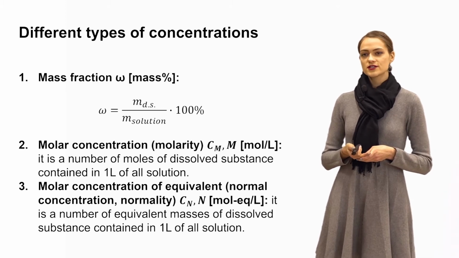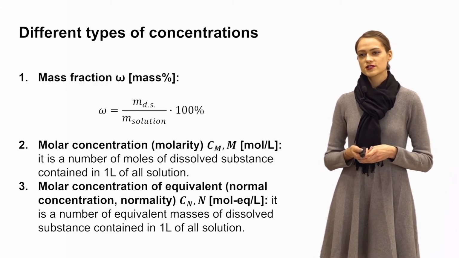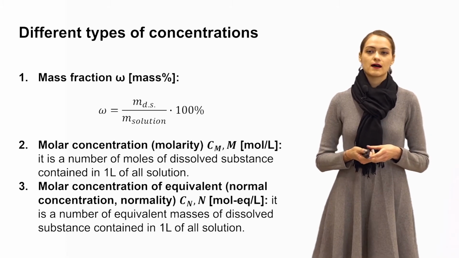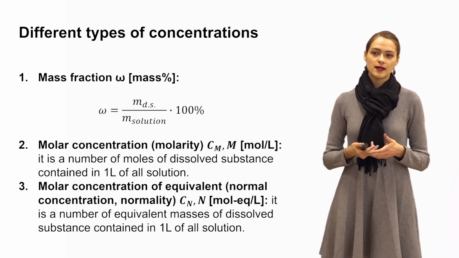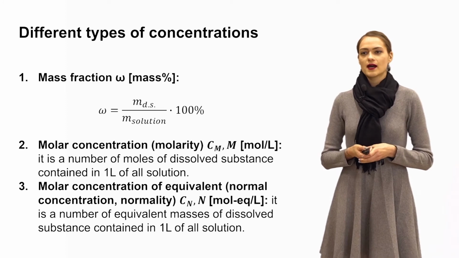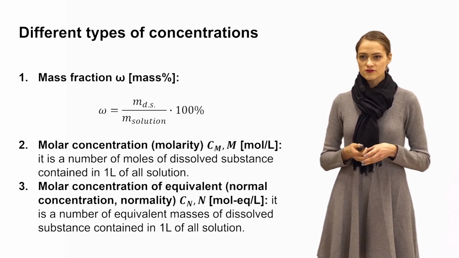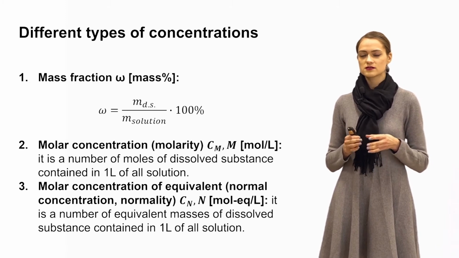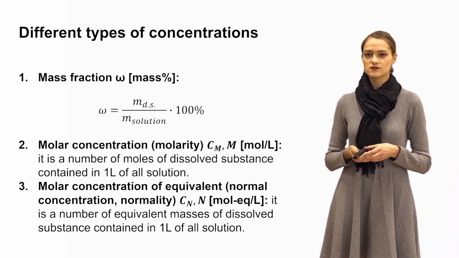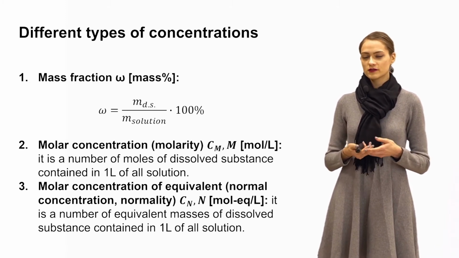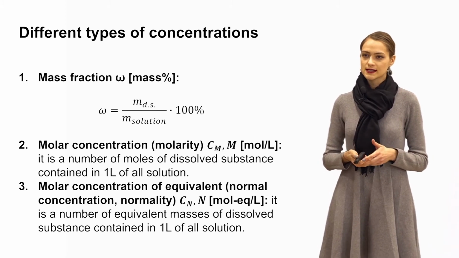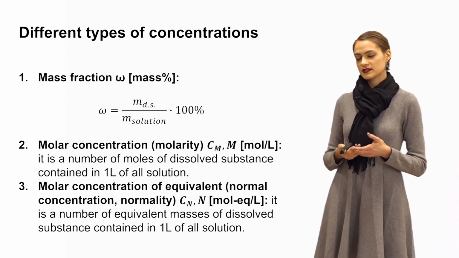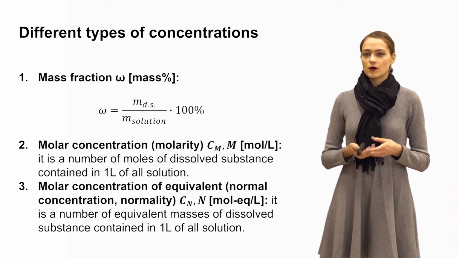The next concentration is molar concentration, or we call it molarity. We express it as Cm or M. All concentrations, if we don't specify the type of concentration, we express through the letter C. But exactly for molar concentration, we write it as C with index M. What does it mean?